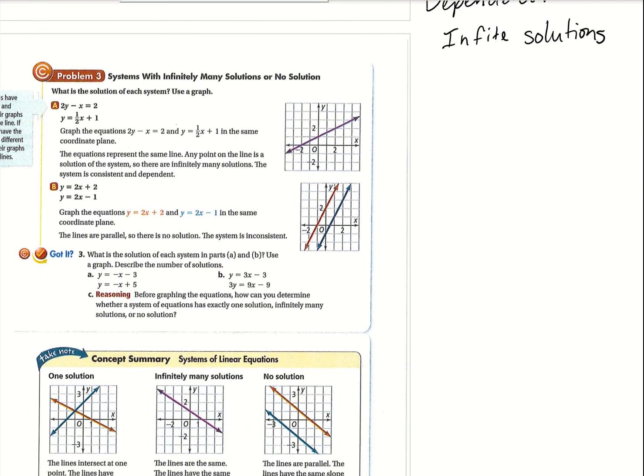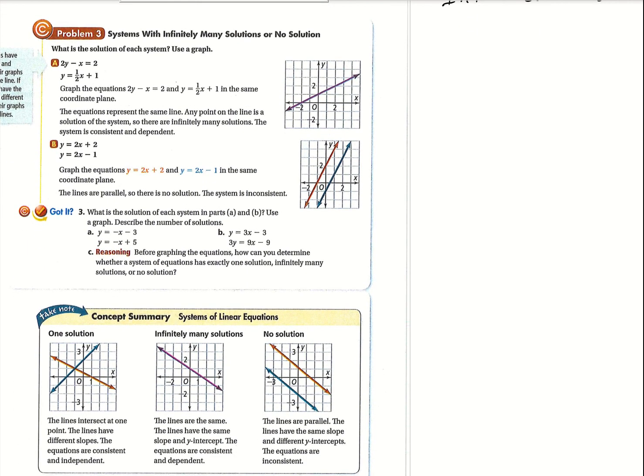And then if we go down to problem 3, we have systems with infinitely many or no solutions. All right. And then we can see, so if we look at A, we have 2y minus x equals 2 and y equals 1/2 x plus 1. If you were to graph both of those on the coordinate plane, first of all, you're probably going to want to change the form of it.